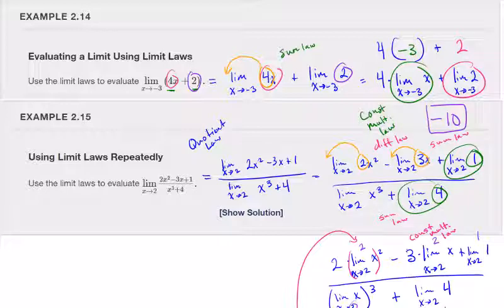Where we can just think through this and be like, oh yeah, I'm going to do this, I'm going to do this, I'm going to combine these together, and hopefully that'll become something you can do very efficiently. And remember that these laws that we're using take the place of having to use a table or a graph, and so once these become very efficient, these will take the place of those other things and make life easier for us.